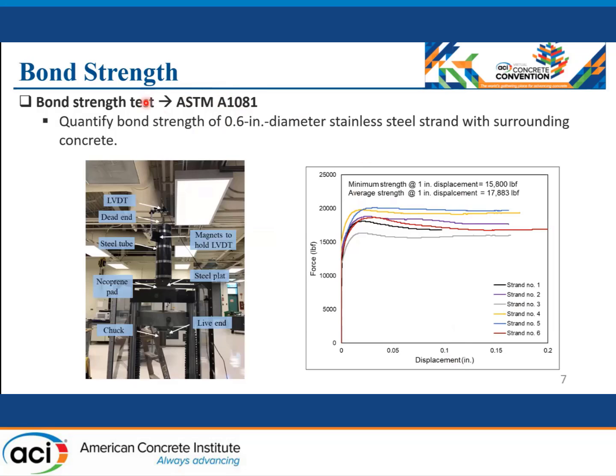This ASTM does not specify a minimum threshold, but we compared our results with the results for carbon steel strands in the literature, and we saw that the stainless steel strand has a comparable bond strength compared to carbon steel strands.